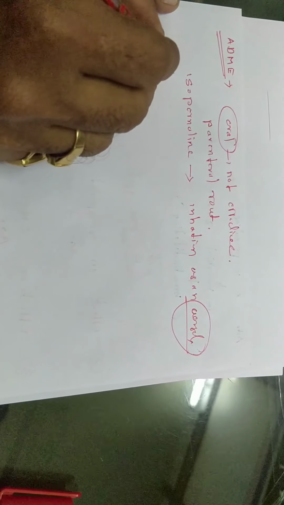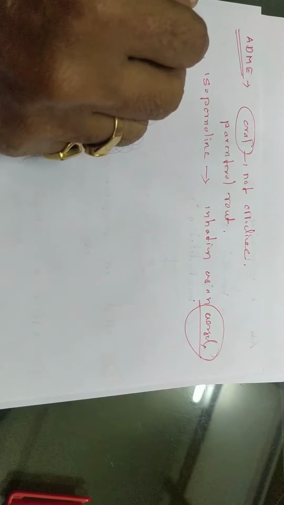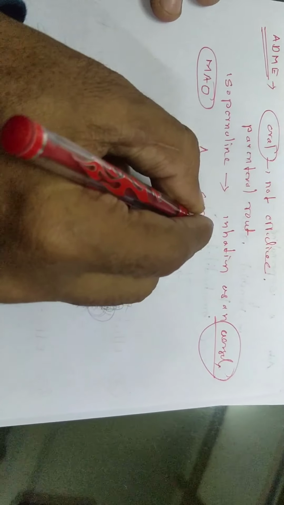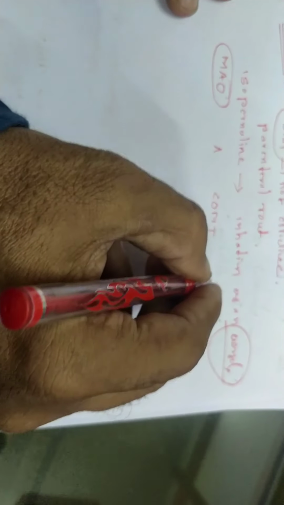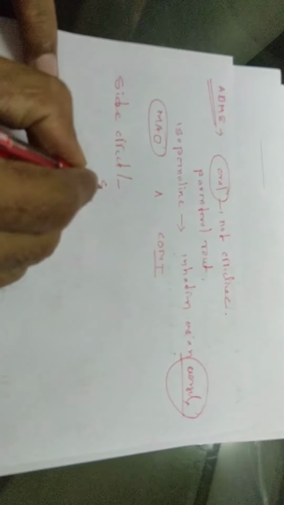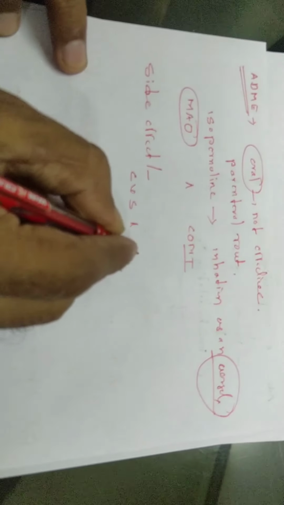They are metabolized by monoamine oxidase enzyme, that is called MAO, and catechol O-methyl transferase, that is called COMT. Next topic is the side effects. Side effects of catecholamines are due to the actions on CVS and the CNS.